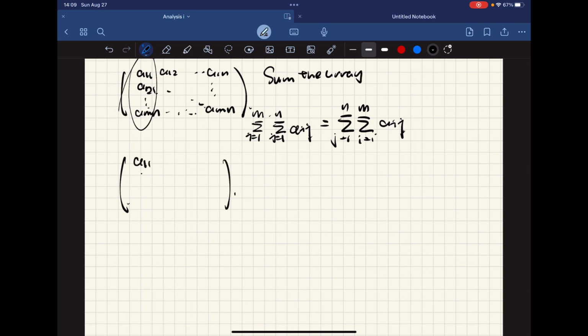Suppose we have an infinite array, so a11, a21, go on and on and on. And we have here a12, and on and on and on. And suppose that now we are summing from i equals 1 to infinity, j equals 1 to infinity of aij. Is that equal?